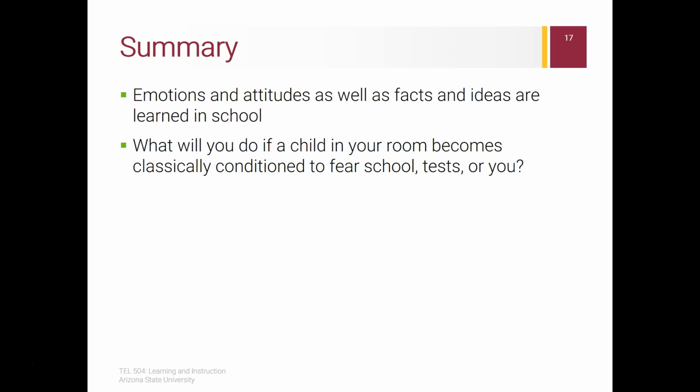So one of the major things the behaviorists who established classical conditioning taught us is that emotions and attitudes, as well as facts and ideas, are learned in school. So think a moment. What will you do if a child in your classroom becomes classically conditioned to fear school, tests, or you? Later, you're going to read about a little girl named Abby who has become classically conditioned to fear school.